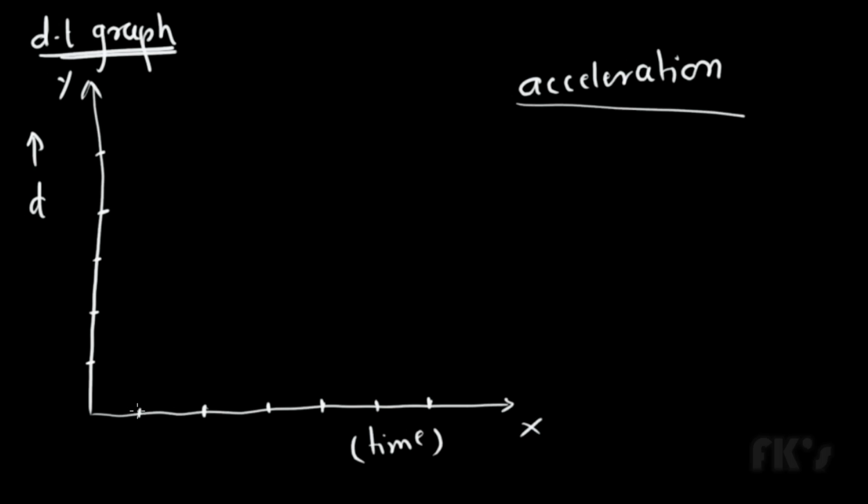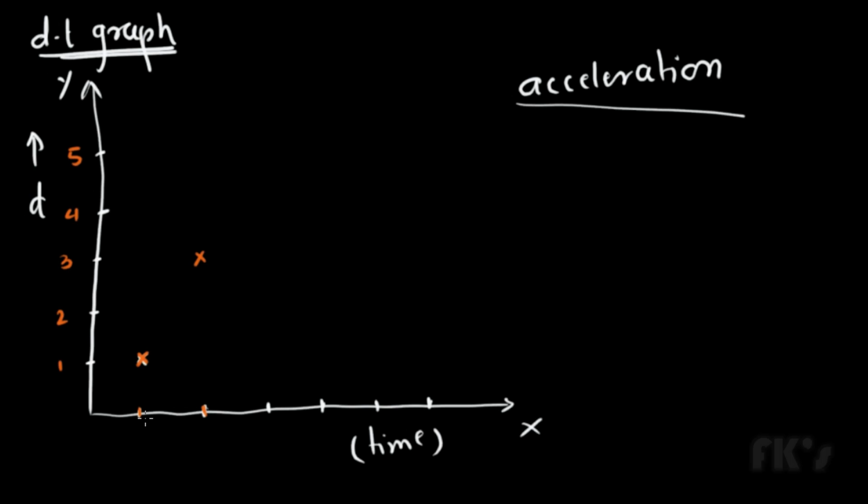Say the body has traveled 1 meter in the first second. In the second second, it would probably be moving by, say, 1.5, so that makes it around 3 meters. Let me put the numbers as well, that will make it more clear.